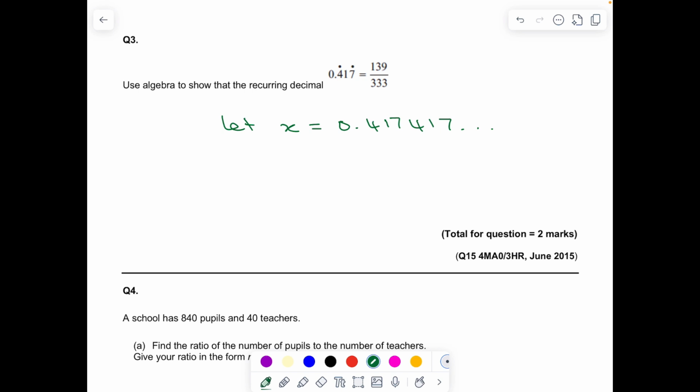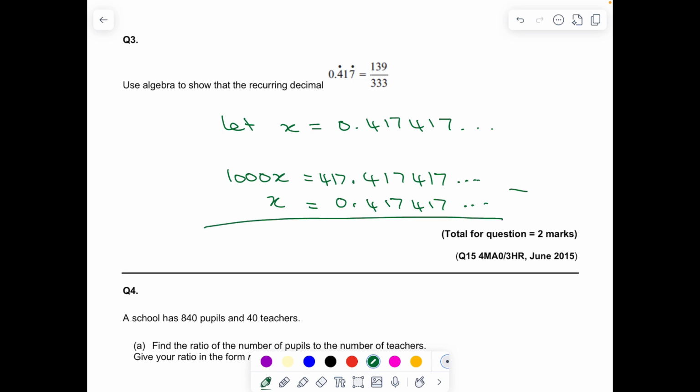So we're going to times by 1,000 to get 1,000x equals 417.417417. Then we're going to subtract x, which is just 0.417417. So subtract. 1,000x take away 1x is 999x.